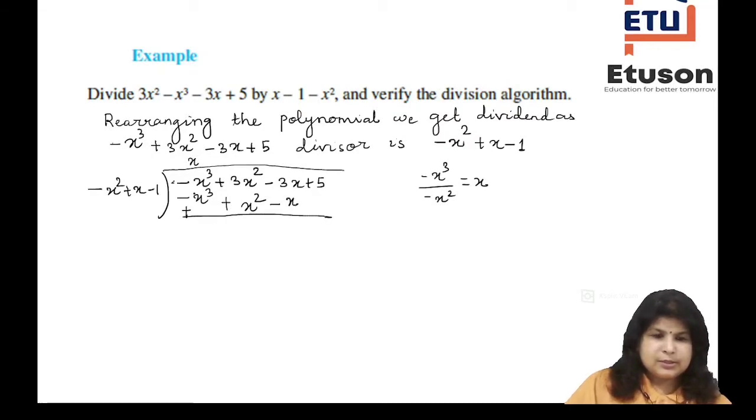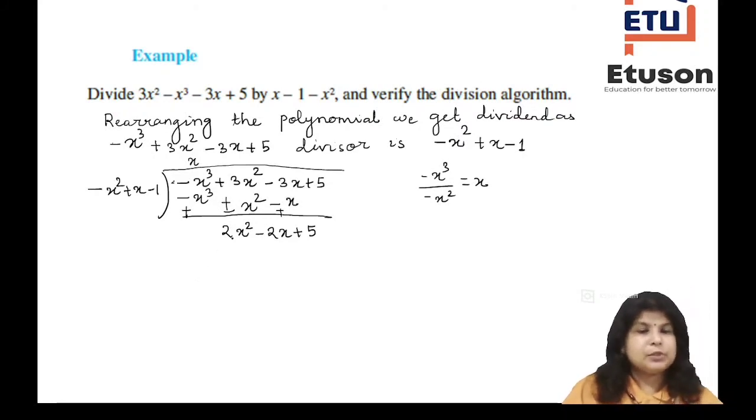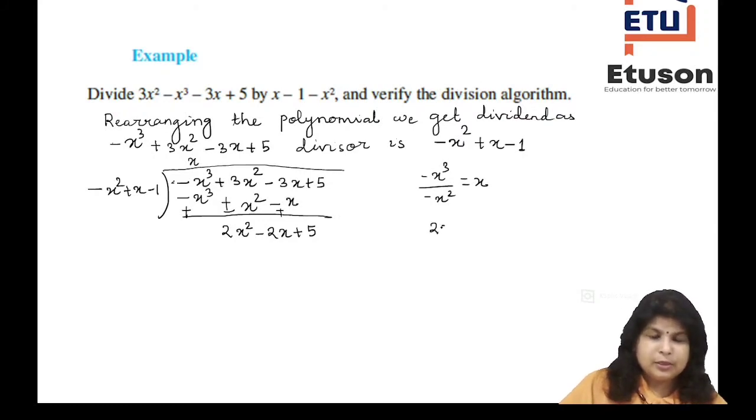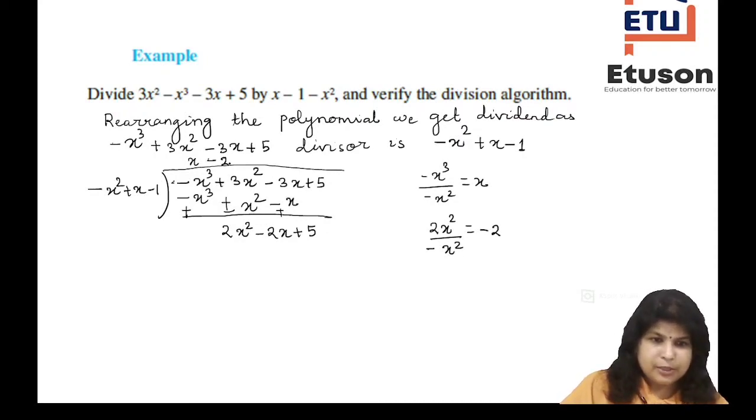So this gets cancelled out and you get 2x square minus 2x plus 5. So here the degree is equal to the degree of the divisor, so you have to proceed further. Again you divide the first term of the new dividend by the divisor and you will get minus 2. Correct or not? So you write minus 2 here.